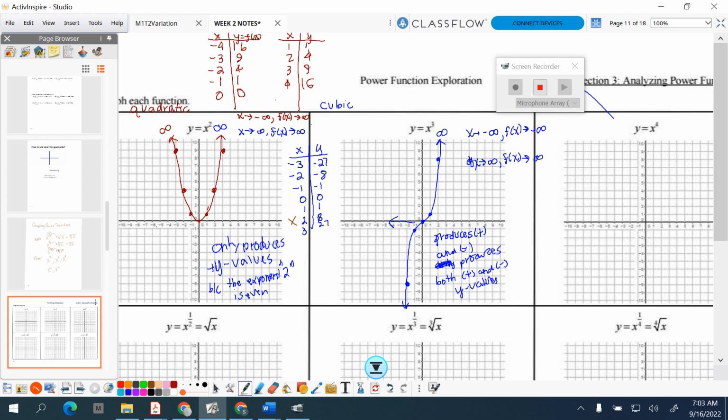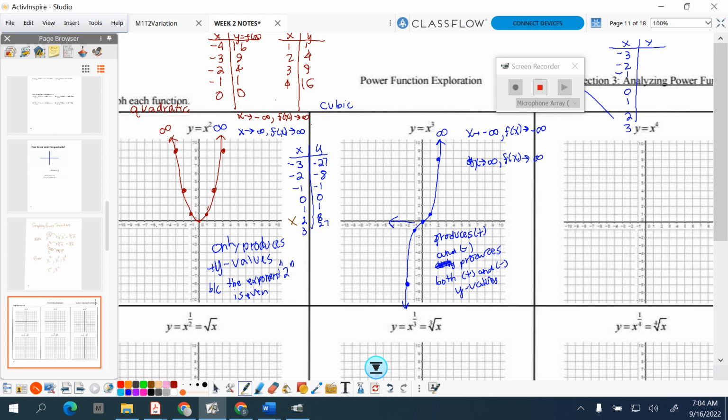Okay. So now we're going to graph y equals x to the 4th. Keeping my numbers relatively small. So negative 3, negative 2, negative 1, 0, 1, 2, and 3.